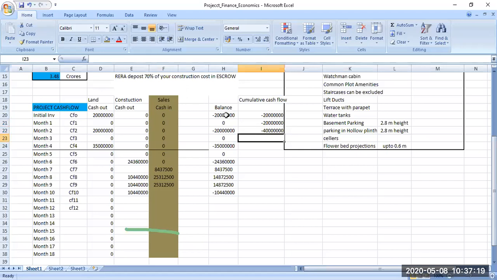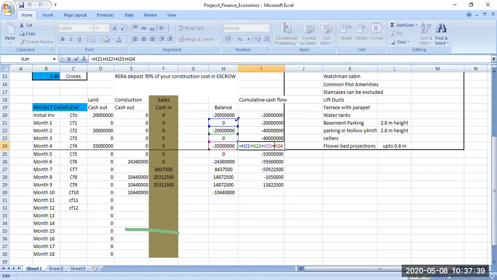Are you guys getting me? Yes, sir. Yeah, this is my cumulative cash flow. And I don't know if I can drag this. Let's see. Is this accurate? Nope, it's not. I can put a formula, I know, for all this. Right now I'm just doing it manually.